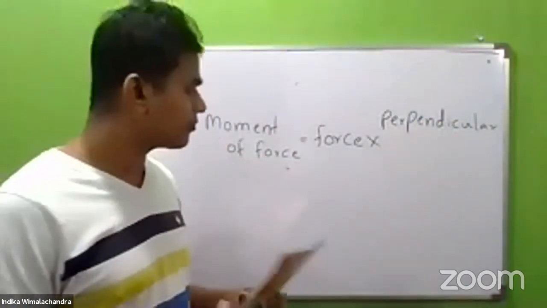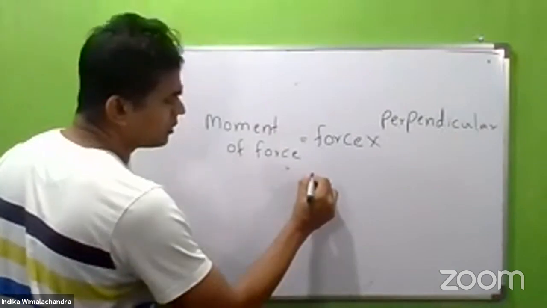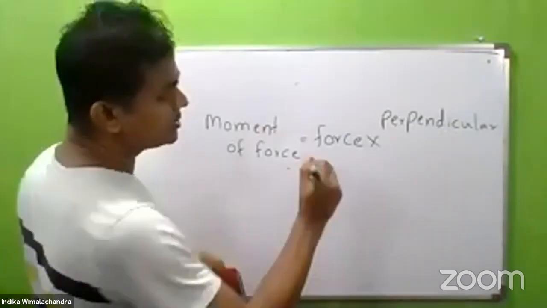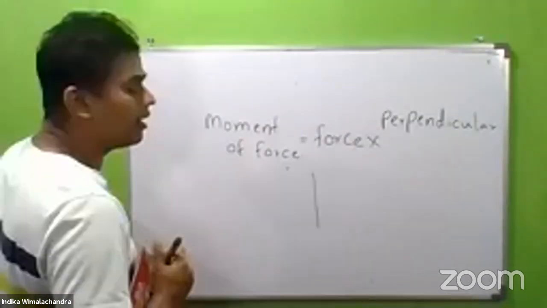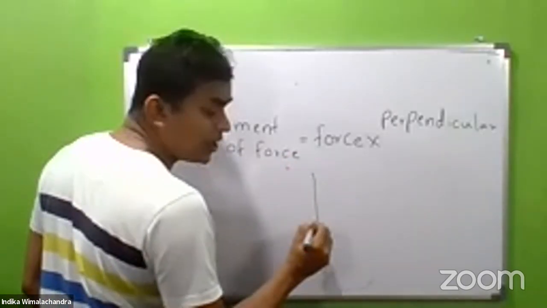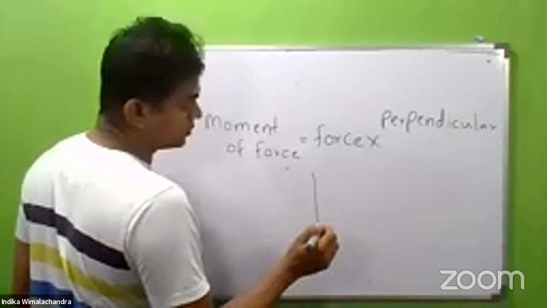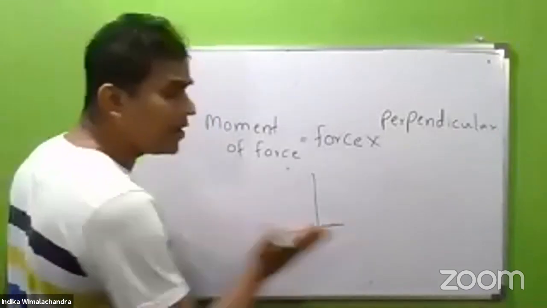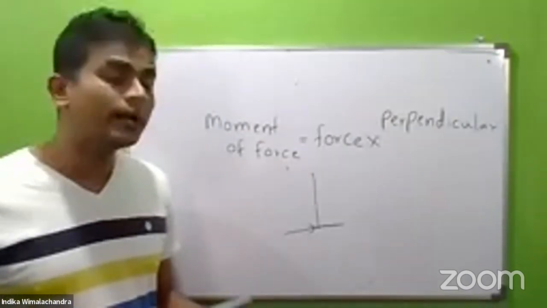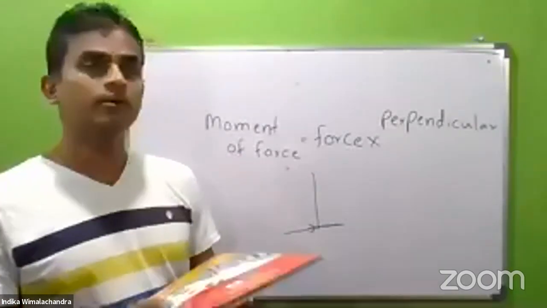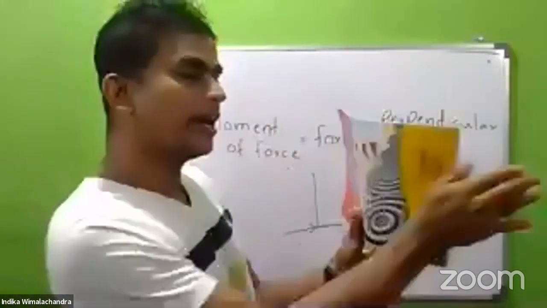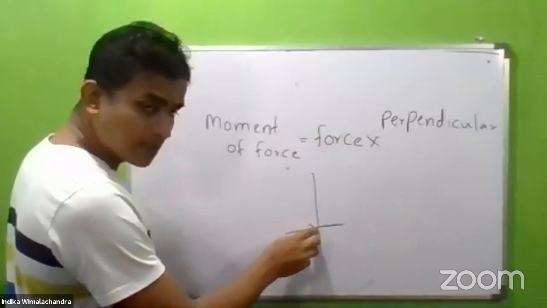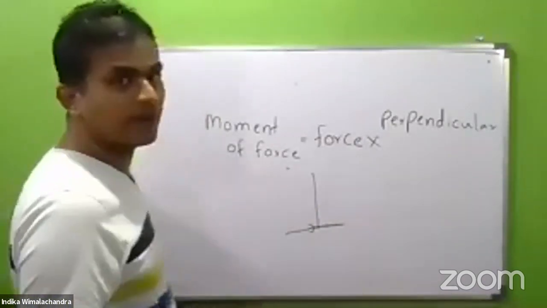Thinking in 3D, this is the axis of rotation, and the point of application is the place where you apply the force. The straight line through the point of application is called the line of action.